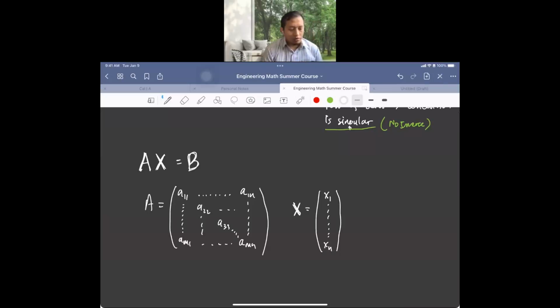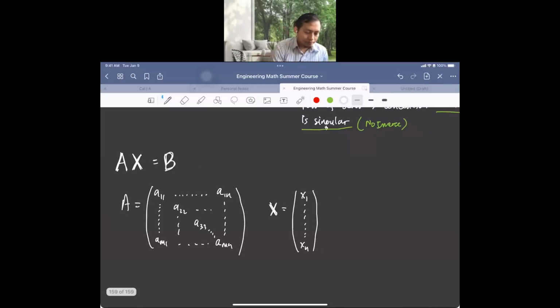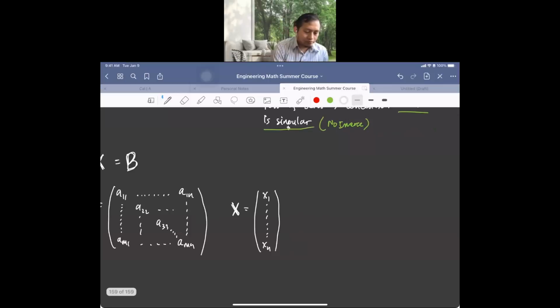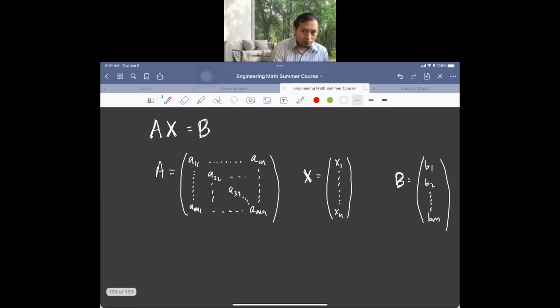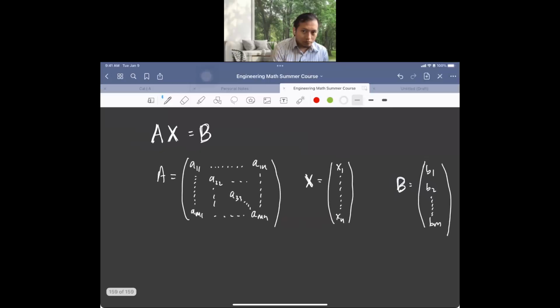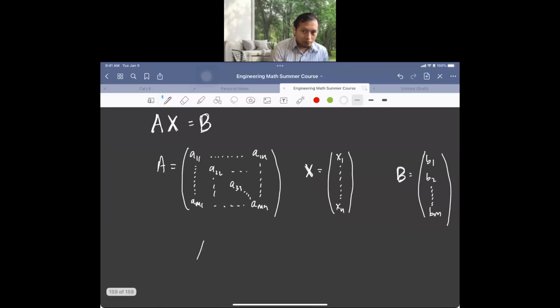So just one column, and B also one column. Okay, so we can write this in a system like this. And remember, let me write again the equation: AX equals B.